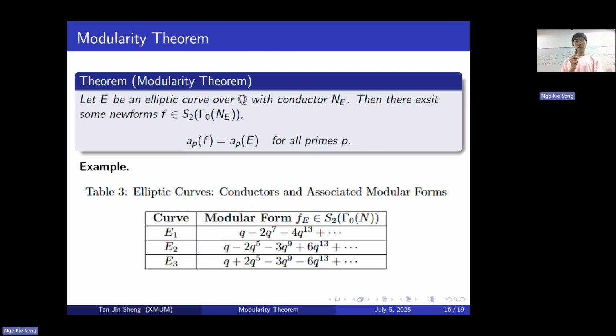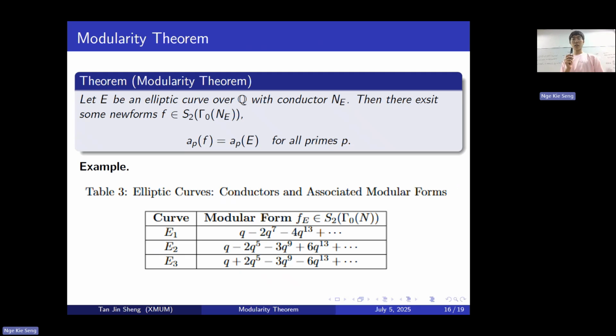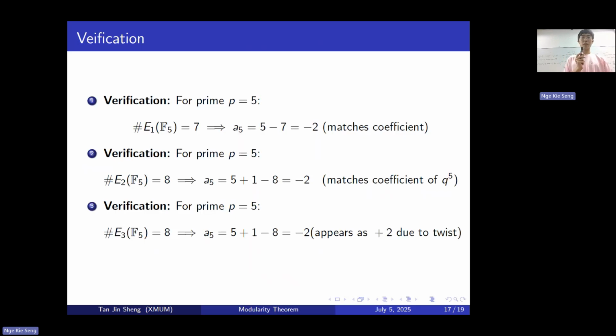So they match the second coefficient for E1, as you can see here. The second also has -2, the same. We can check back, it has -2. And the third is not the same, but it is supposed to be +2 due to the twist.